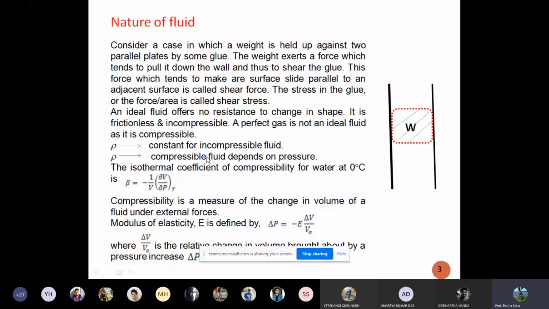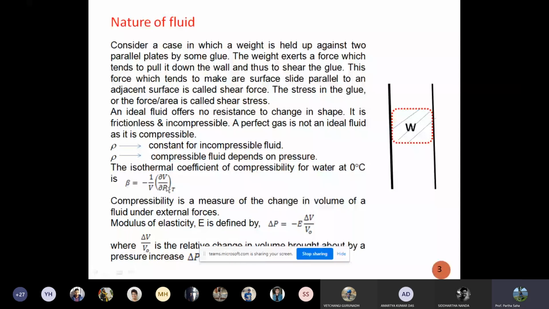Like the water, the isothermal coefficient of compressibility for water at 0 degrees is given by beta equals minus 1 over V times del V by del P. So actually this beta is the isothermal coefficient of compressibility. If the volume changes with pressure for water, the negative sign is given because if pressure increases, volume decreases.